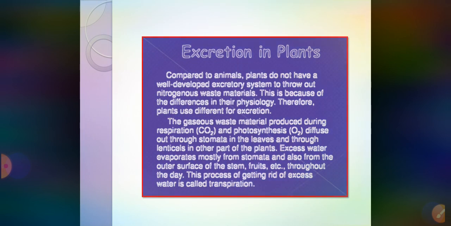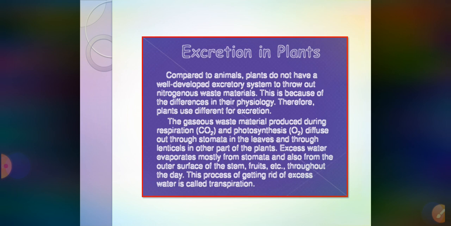Then, excretion in plants. Compared to animals, plants do not have a well developed excretory system to throw out nitrogenous waste materials. This is because of the differences in their physiology. Therefore, plants use different means for excretion. The gaseous waste material produced during respiration, what is that? CO2. And in photosynthesis it is oxygen.